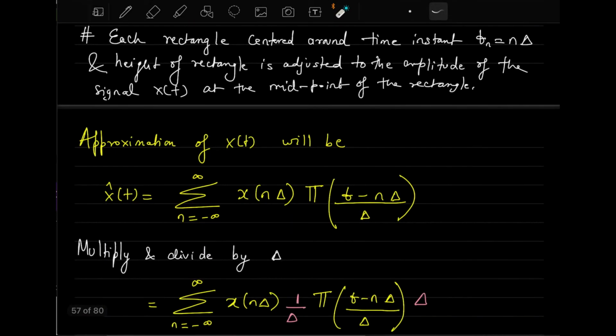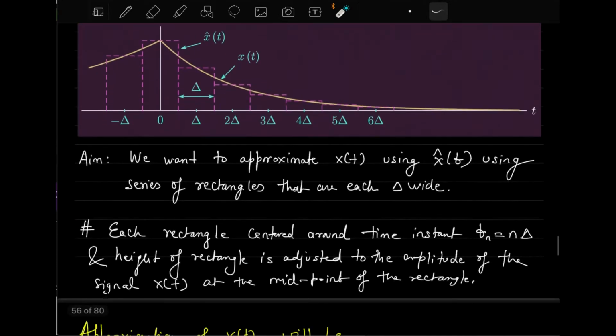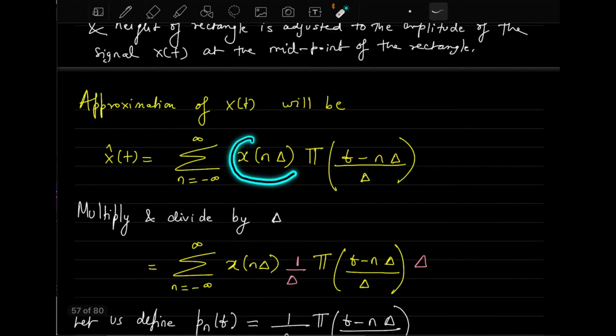So you can write this expression as t minus t naught. Here t naught will be n delta, and your n variable is running from minus infinity to infinity. Now you can also see this factor. This factor is an amplitude factor which is scaling this pulse, and the scaling factor is x(n delta).